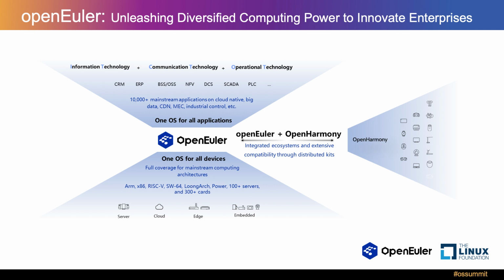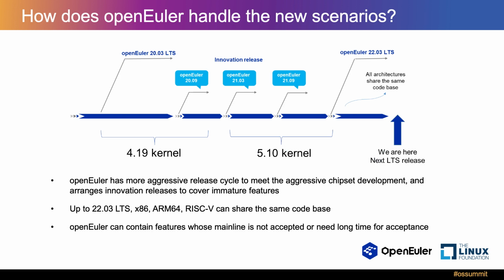How does openEuler handle the new scenarios? Here, we have adopted this kind of way. We have the release. That's the normal way, right? We release a version 2 times per year, one in March, another in September.